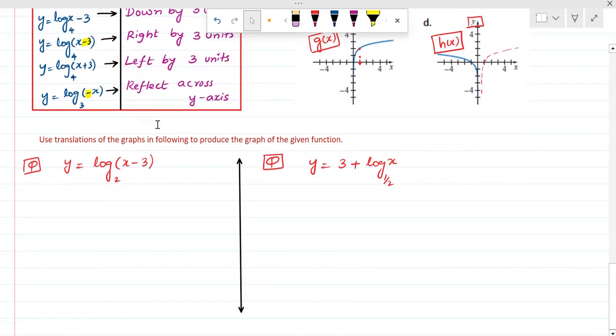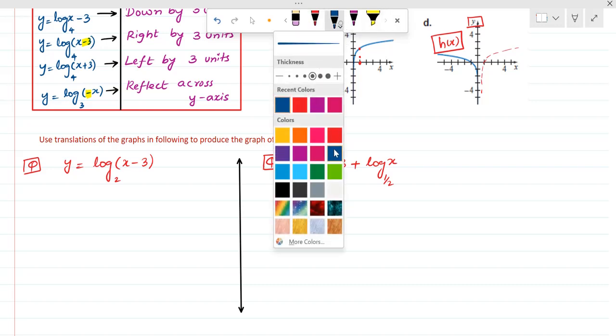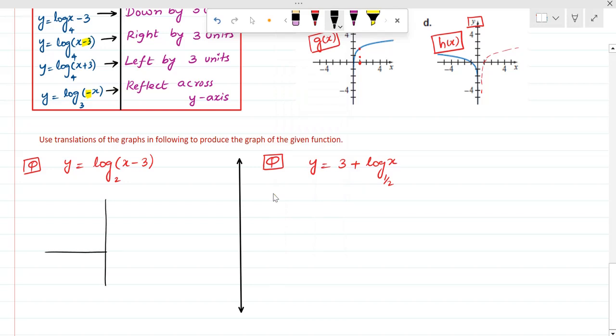Now here we have to explain using translation and produce a graph of this one. So how will you draw the graph here? This is very easy. I can just write the x and y. If you know the summary of the table, you can draw it on your own.